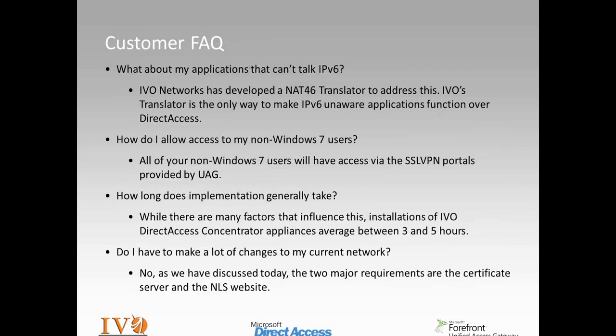At TechEd this year, we announced that we will be releasing in the next quarter a DirectAccess management console that will bring a lot of advantages to the IVO solution. Again, we've already talked about our NAT 4 to 6 translator, which means if you have applications on the client side that do not speak or aren't aware of IPv6, we can get those to work for you via DirectAccess.